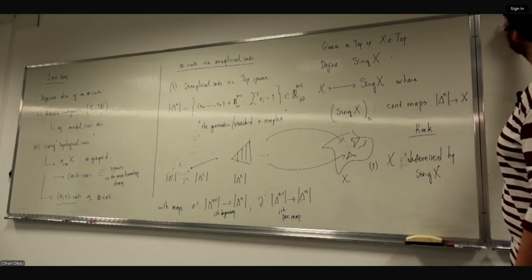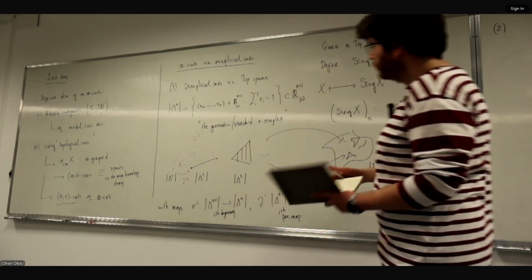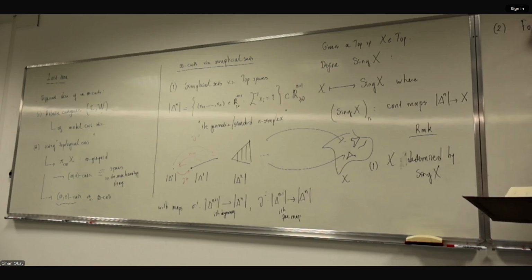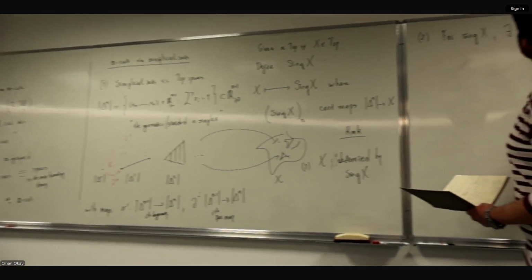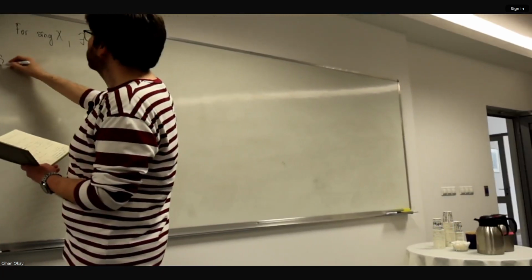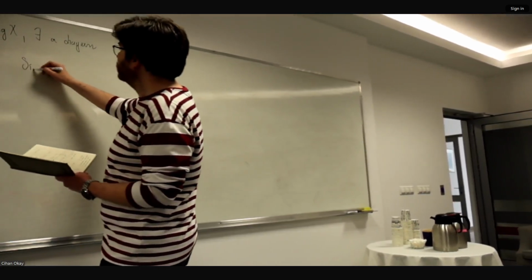And the second thing, of course, by using these maps, we also have a diagram. So for this simplicial set, there exists a diagram. Let me just sketch.